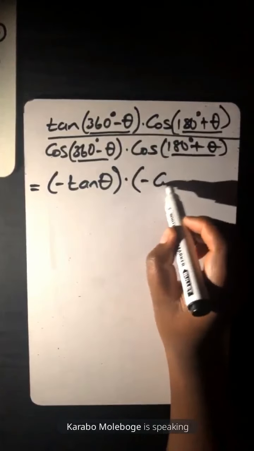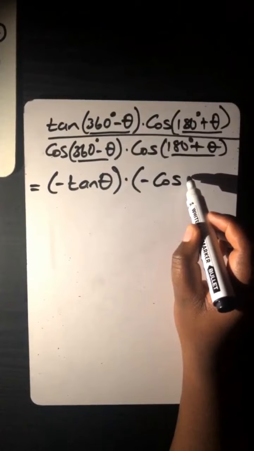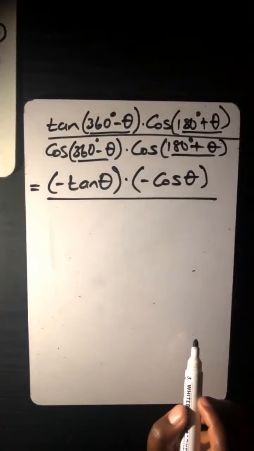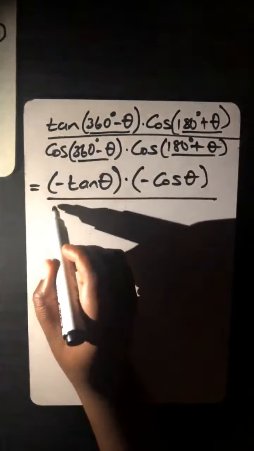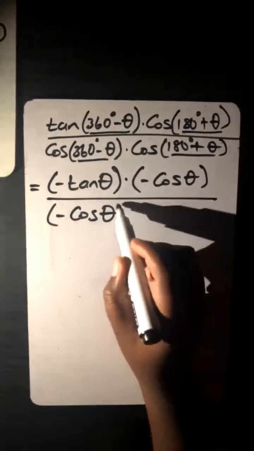So we're going to have negative cos that. Let's move to that one. That one falls under the fourth quadrant, and there, what is it? Cos is positive there. So that means we're going to have positive cos angle.